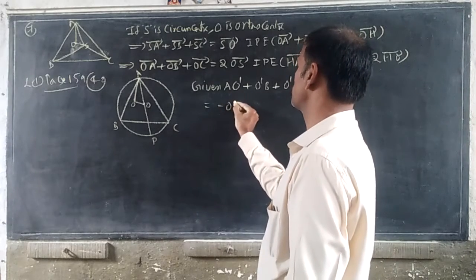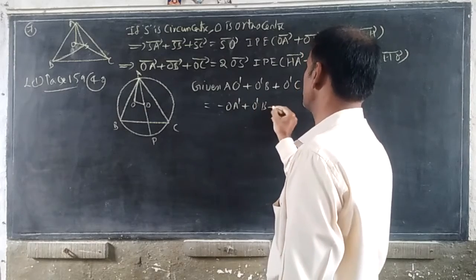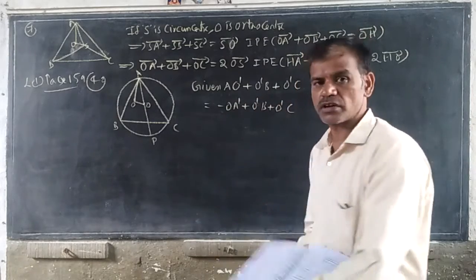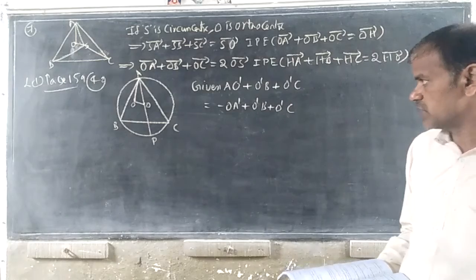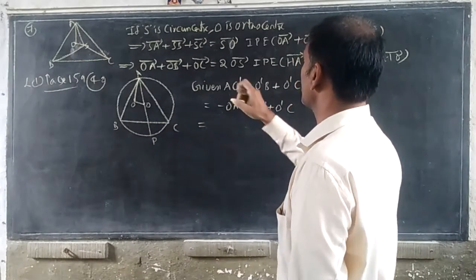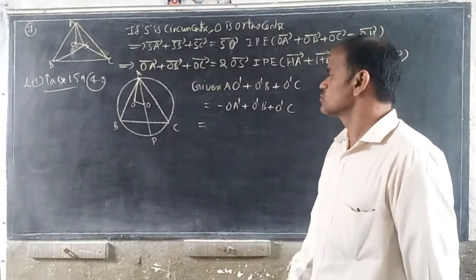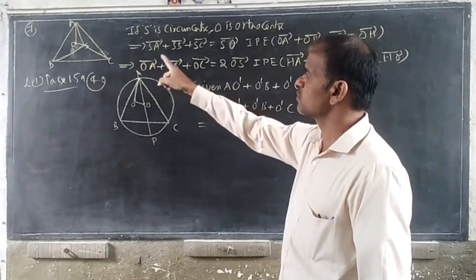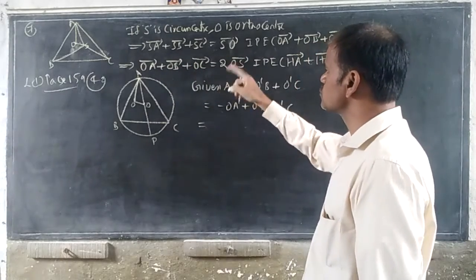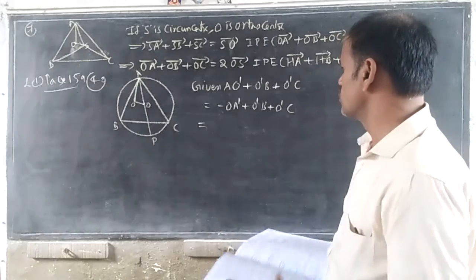Now minus OA dash I am writing: minus OA dash plus O dash B plus O dash C. Okay. We have the formula OA plus OB plus OC equal to 2OS concept. So using this one, O dash A plus O dash B plus O dash C equals 2 O dash O.